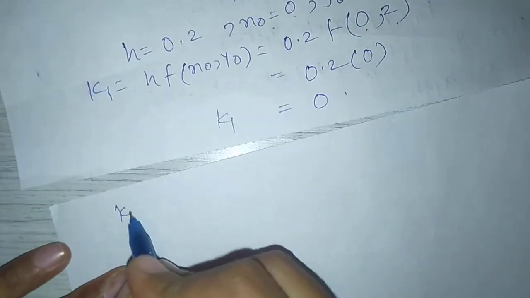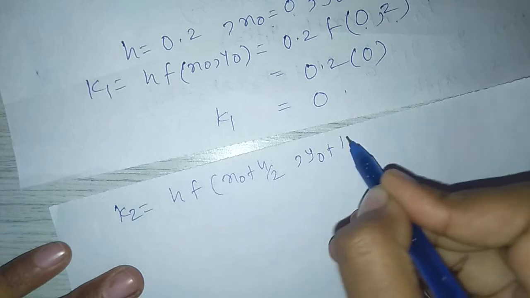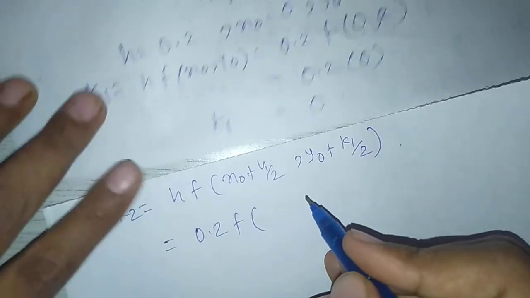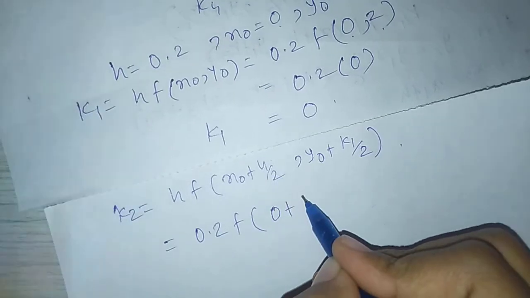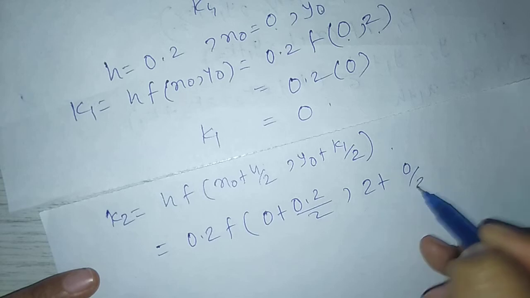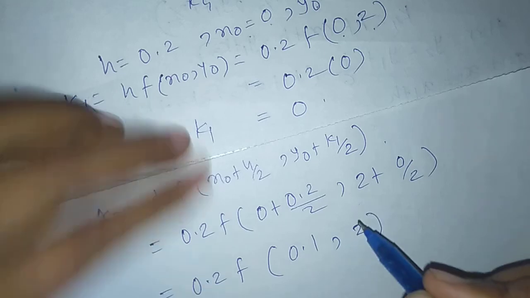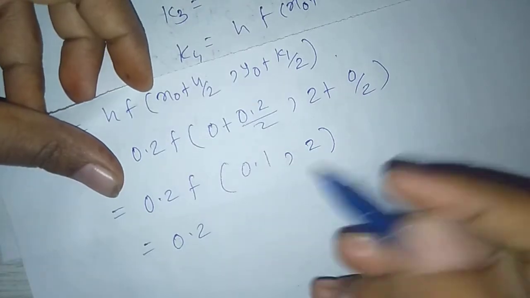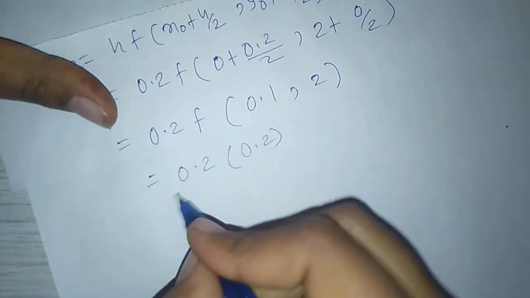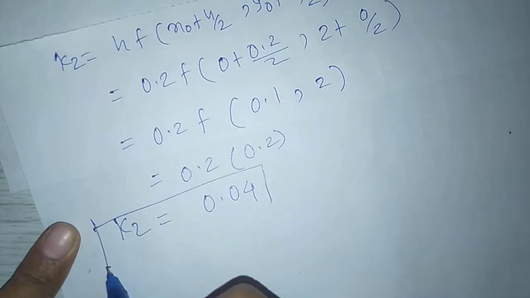Next, k2 equal to h f of x naught plus h upon 2, y naught plus k1 upon 2, equal to 0.2 f of 0.1, 2, which is equal to 0.2 into, since f of x, y is x into y, f of 0.1, 2 is 0.2. So k2 equal to 0.04.